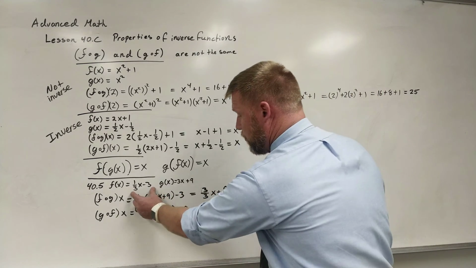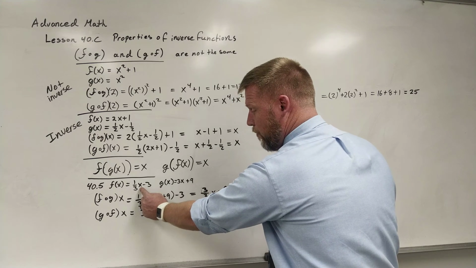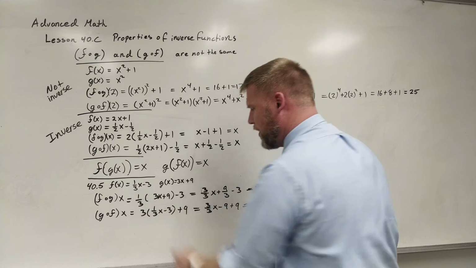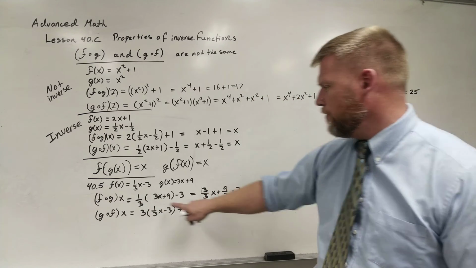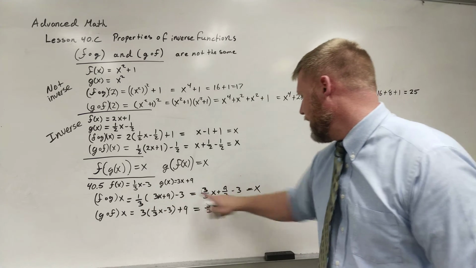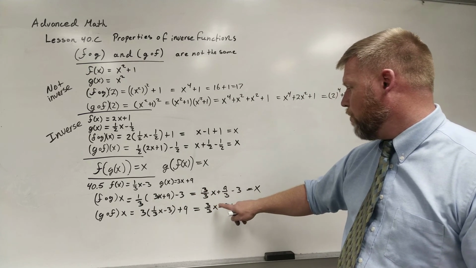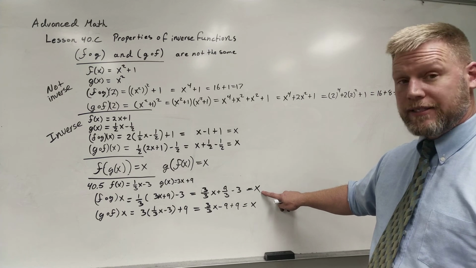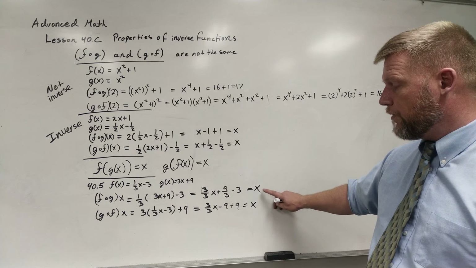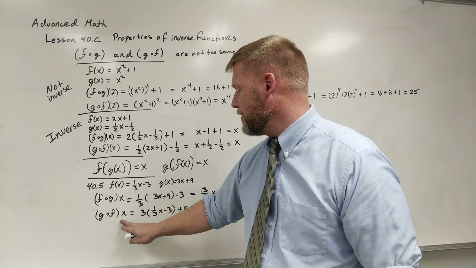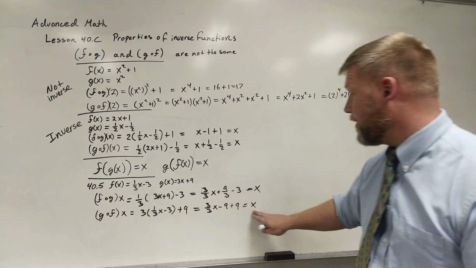So notice this is this whole equation down here, except for x, I'm putting in the g of x. When I do so, I say 1/3 times 3 is 3/3. 1/3 times 9 is 9 over 3. And then minus my 3. 3 over 3 is 1. That's 1x. Plus 3 minus 3 is x. Well, that worked out well. That one does work. So we do the g composition f of x, and that works out the same way and gives me x again.